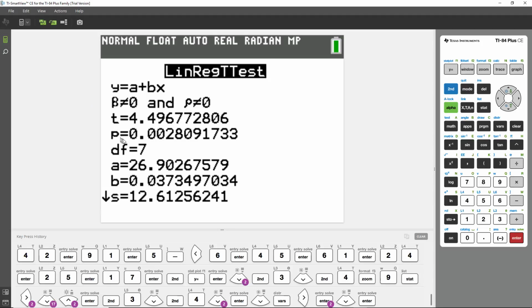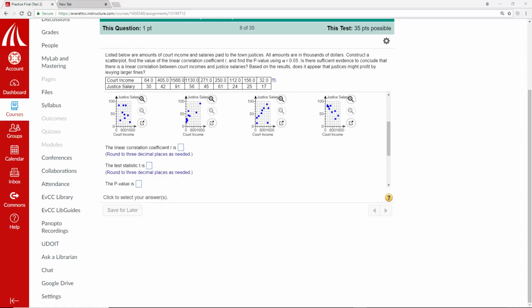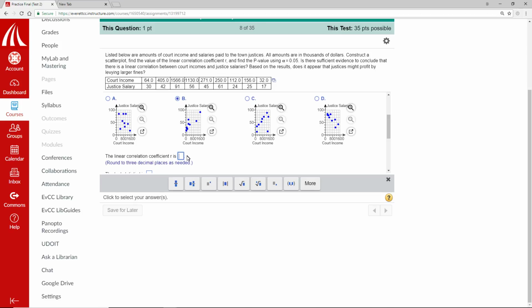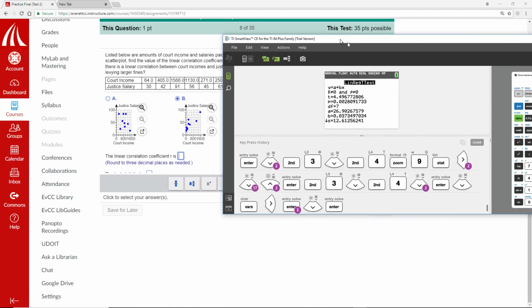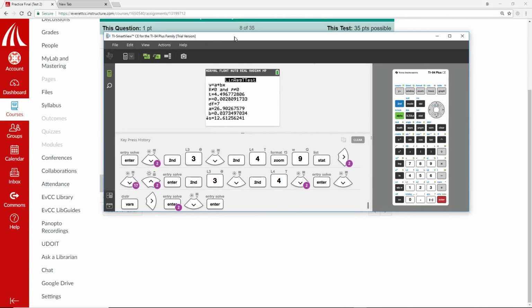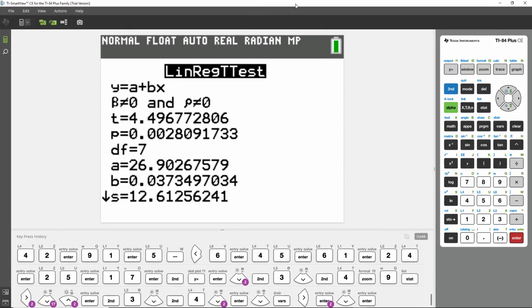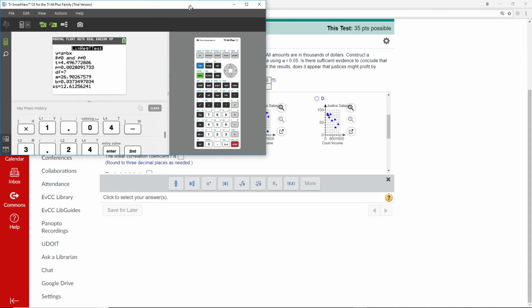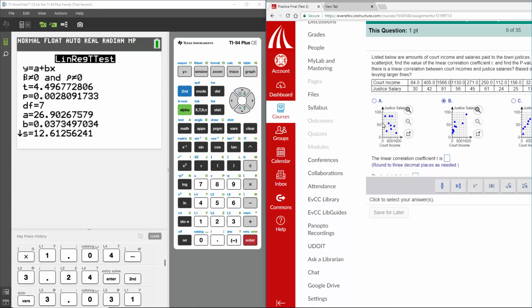So I'm getting, oh wow, look at how small that p-value is. My test statistic is pretty large, 4.49 or 4.50 if we're rounded. The correlation coefficient, what did we get for that? Let's see. In fact, let's split the screen so we can see both things.